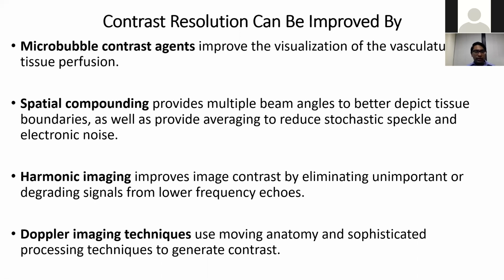And that's how we create harmonic images. Another technique is Doppler imaging techniques. How they work basically is that they compound a lot of different ensembles. That is, they repeat the same measurement multiple times to improve the contrast resolution.